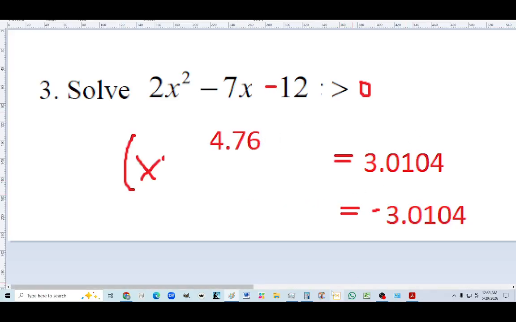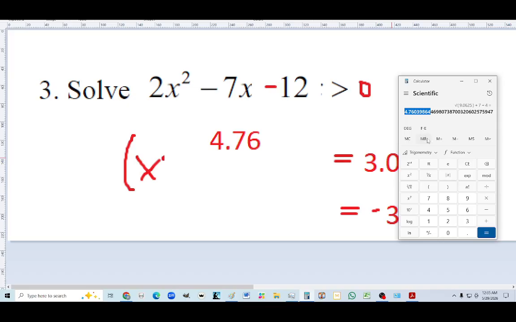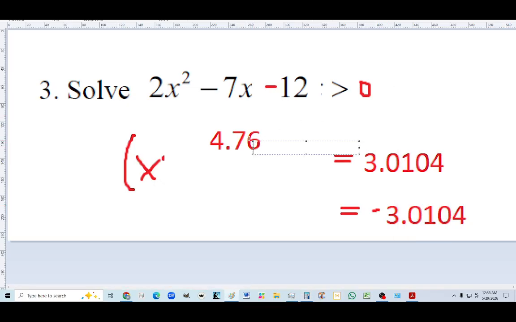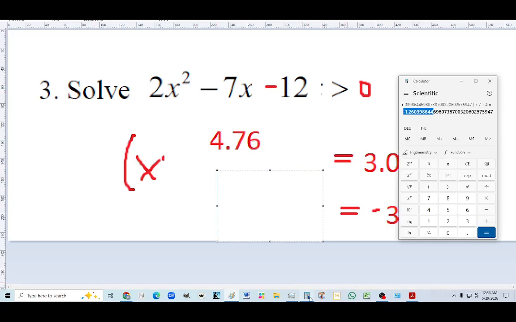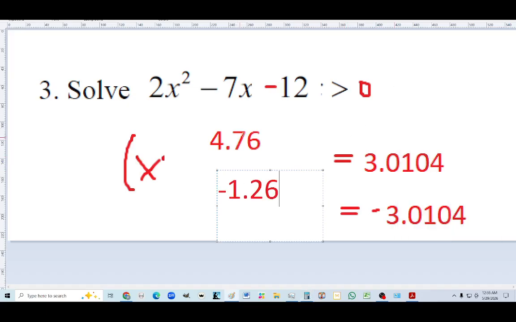And then we're going to take the minus 3 and add 7 over 4. And we get this as the other. These are our two x-intercepts without using the quadratic formula. Let me use just this part of it. So those are two x-intercepts.